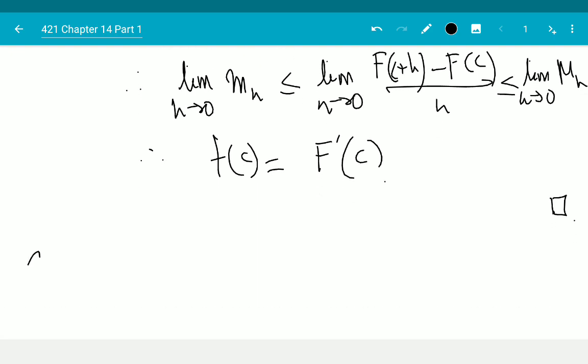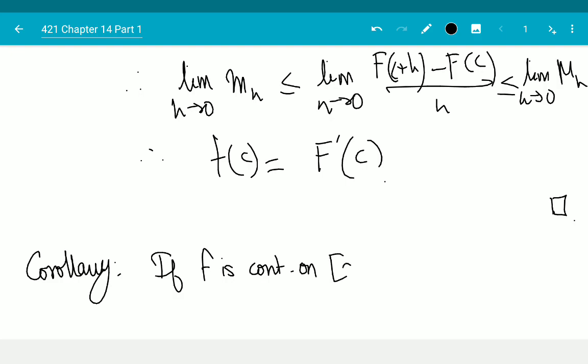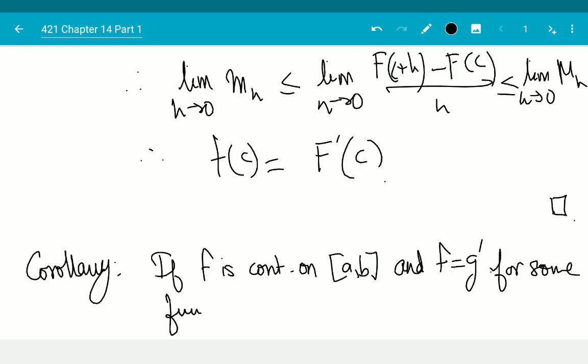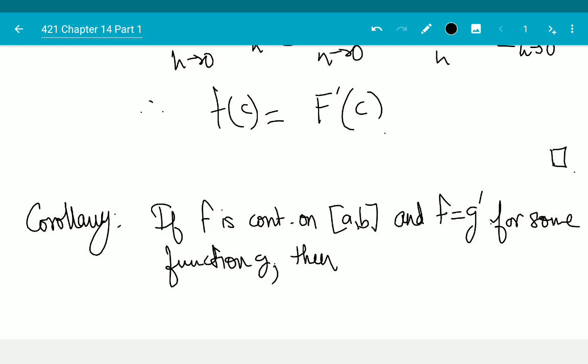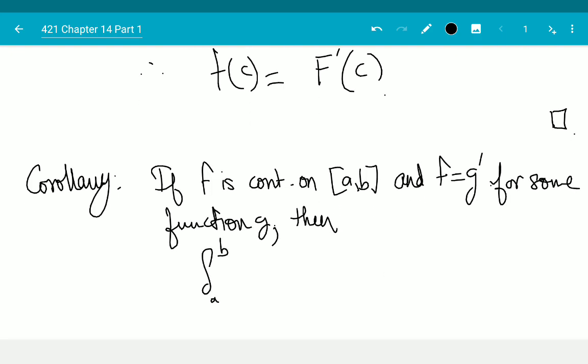An important consequence of this, corollary, is that if f is continuous on a to b, and small f is actually g prime for some function g, then I get the integral a to b of f is actually g of b minus g of a, right?